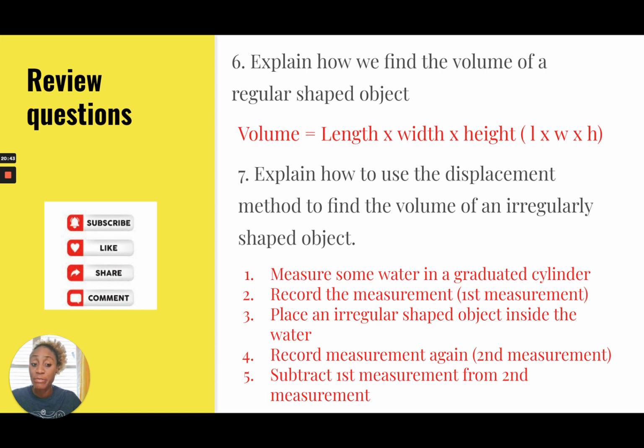Then you place an irregular shaped object inside the water, whether it's a rock or anything that you want to measure. Then you can record the second measurement after you place the rock inside. And then subtract the first measurement from the second measurement. And there you have your volume for an irregularly shaped object.